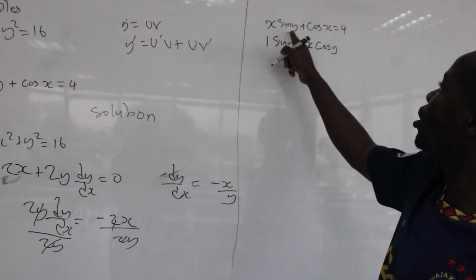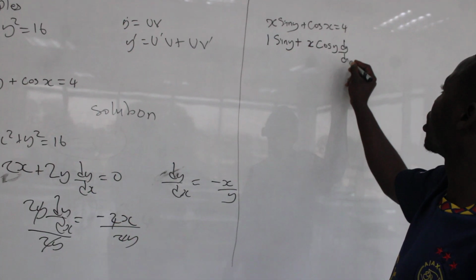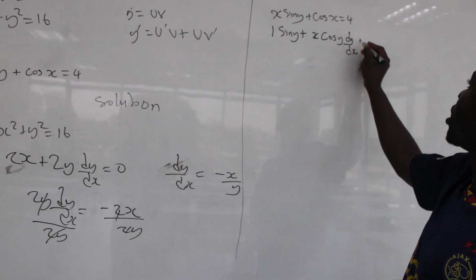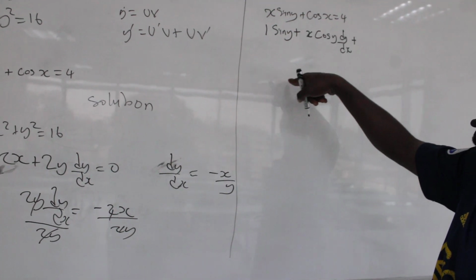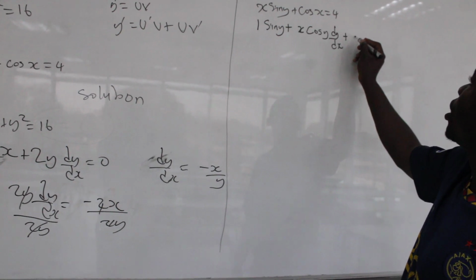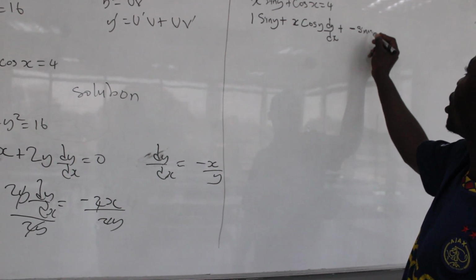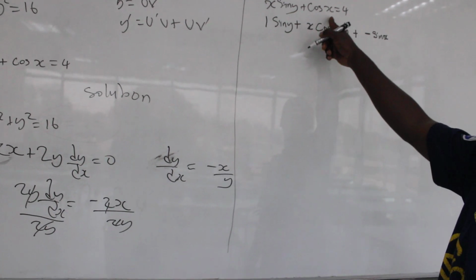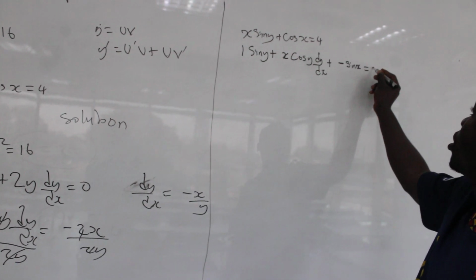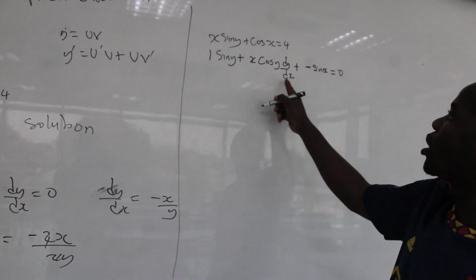But remember that I'm differentiating with respect to x, so I'm going to add dy/dx. Then plus the derivative of cos x, which gives you negative sine x. Since this is x and we are differentiating with respect to x, it's okay. Then 4 is a constant, so it gives 0.